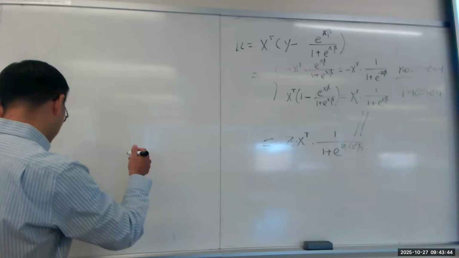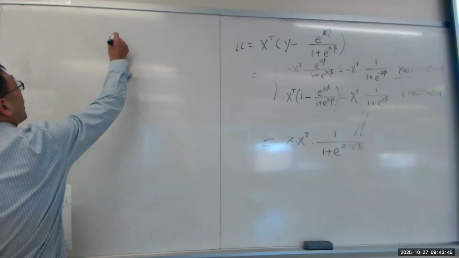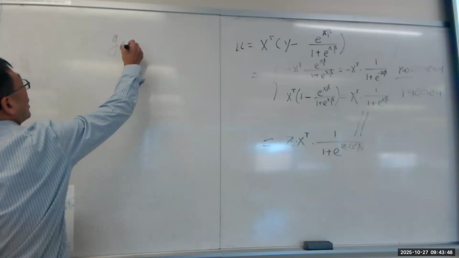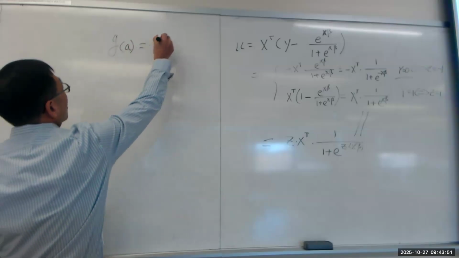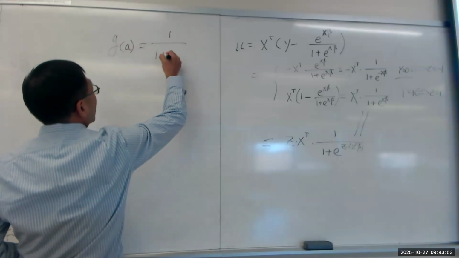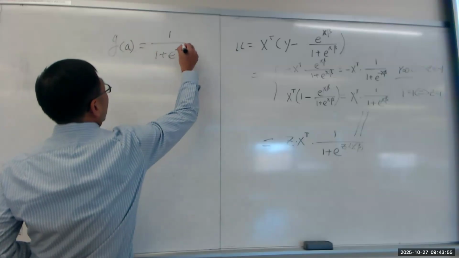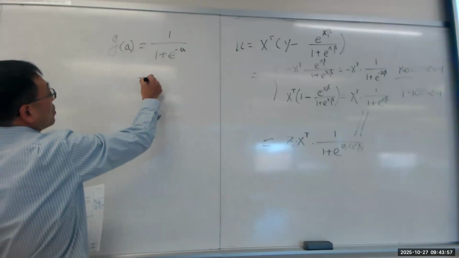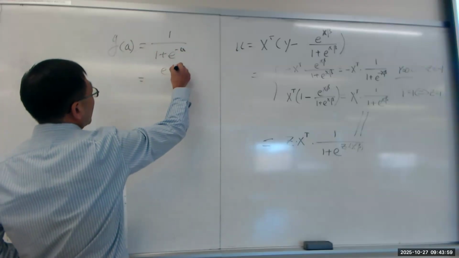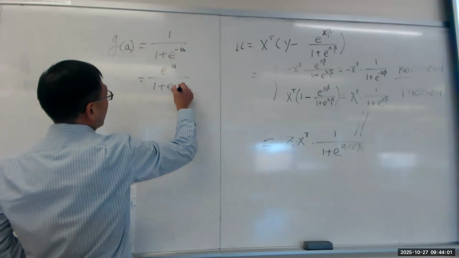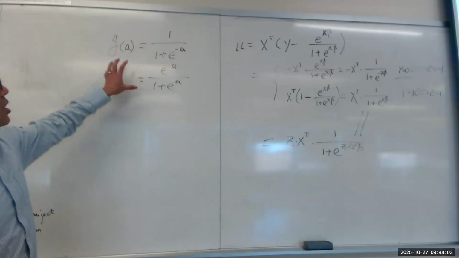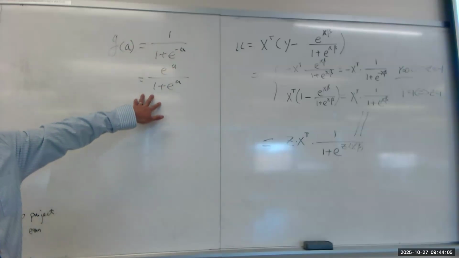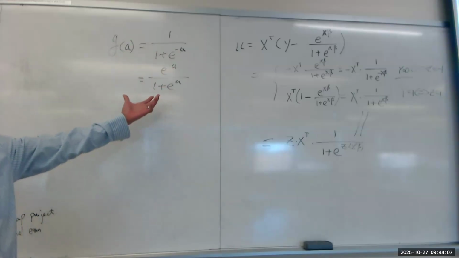So if we define a function, let's say we define a function g of a equal to 1 over 1 plus e to the -a. What is that? This is just equal to e to the power of a over 1 plus e to the a, right? Which is the inverse of the logit transformation.